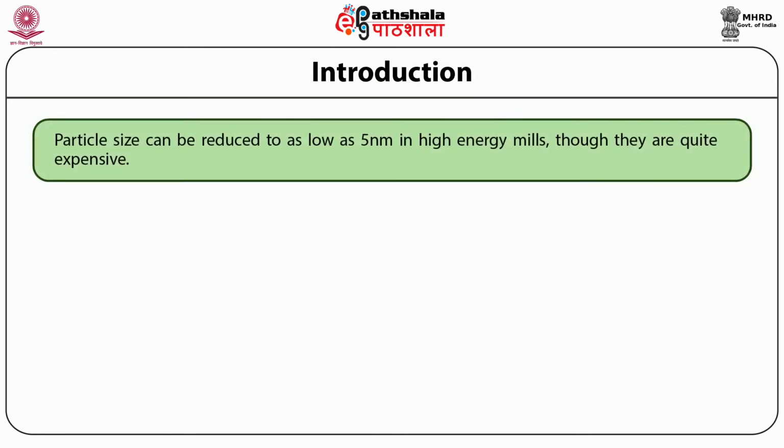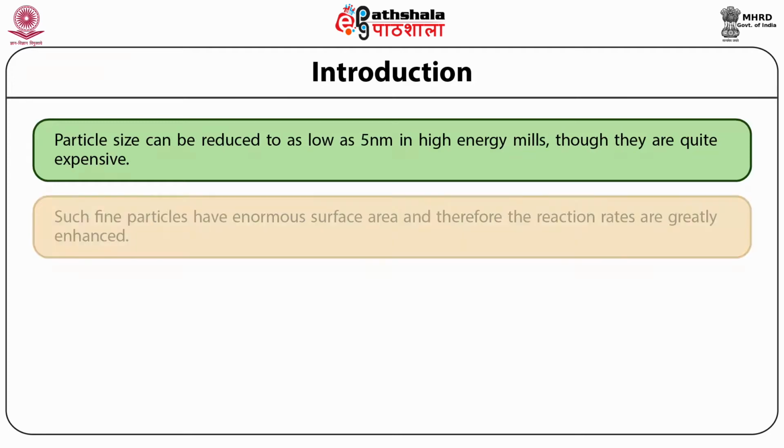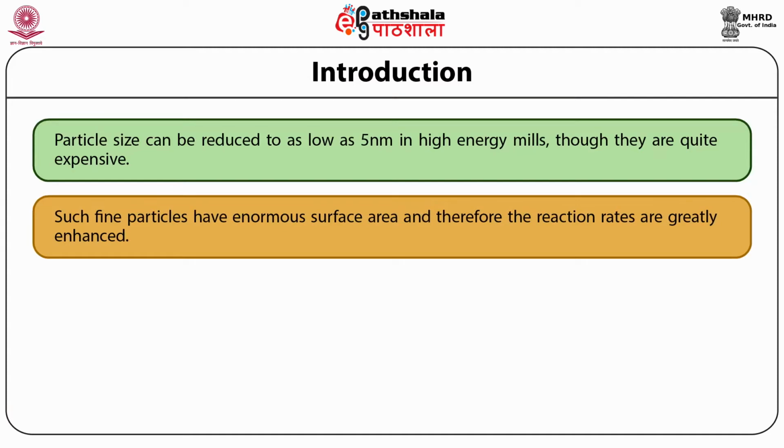Particle size can be reduced to as low as 5 nanometers in high energy mills, though they are quite expensive. Such fine particles have enormous surface area and therefore the reaction rates are greatly enhanced.